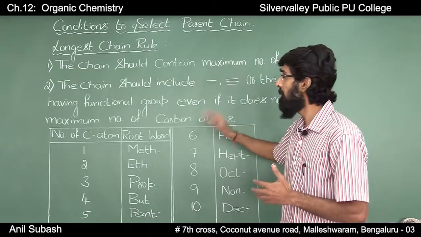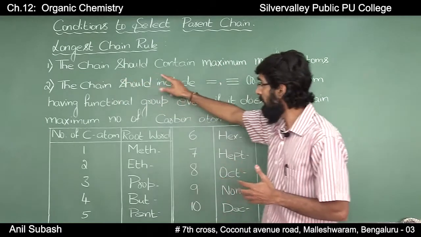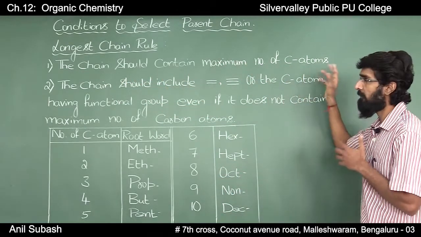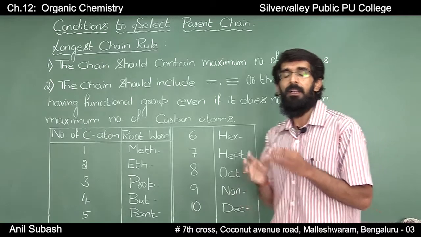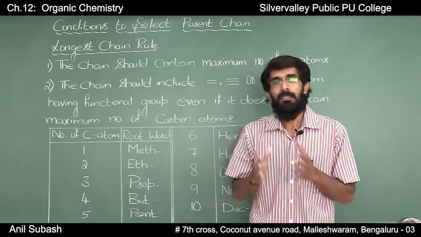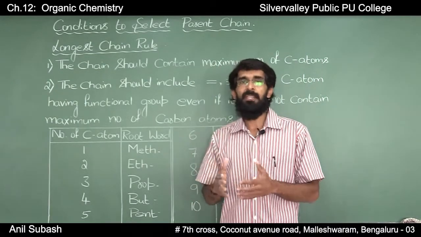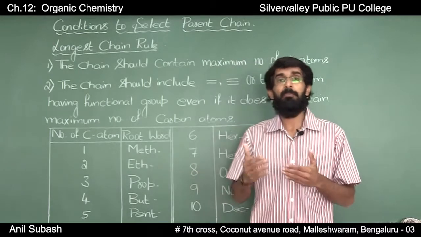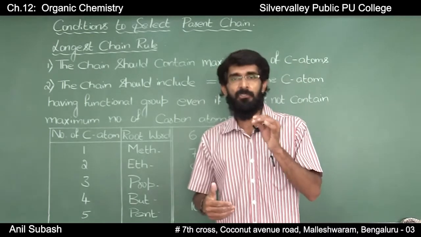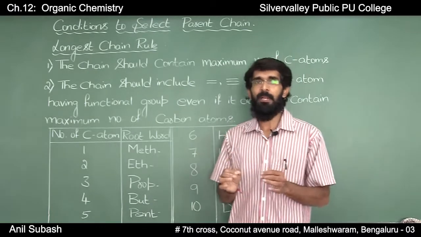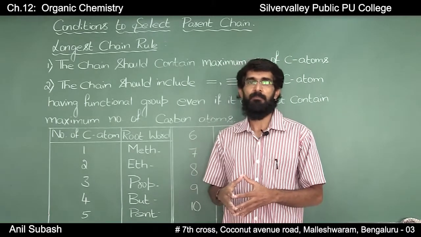It states that the chain should contain the maximum number of carbon atoms. And as I have told you, the parent chain may be a straight chain or it may be branched, but it should contain the maximum number of carbon atoms.